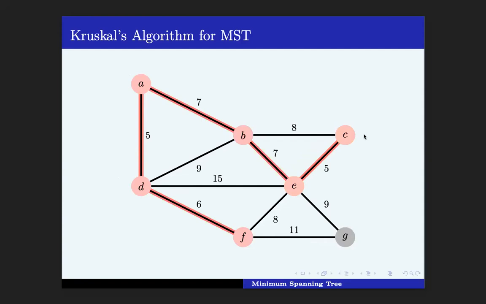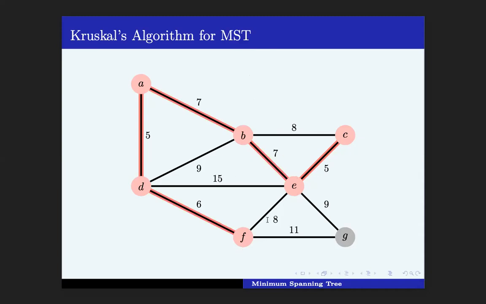Now at this point, what is the next minimum? The next minimum is actually BC, but that is 8. If I pick that edge, I will produce a cycle, so I should not pick it; I should throw it away. Instead, I should pick the next minimum edge after that. The next can be DB, which is 9. But sorry, not DB, it will be EF.